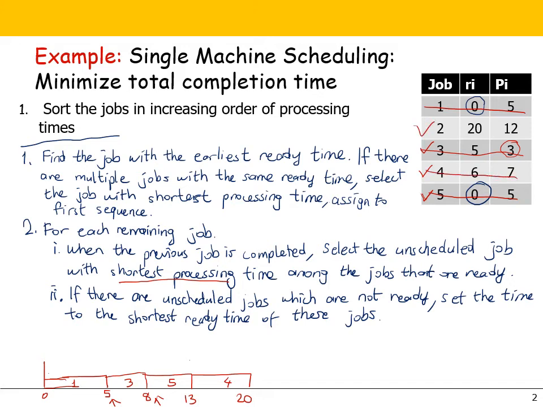We already scheduled job 4, so we schedule job 2 here, which ends at time 32, and this is in fact the same solution which we found in the previous case. Not exactly the same, because the positions of job 1 and job 5 were different, but if you change their positions you will get exactly the same objective function value, which means that these two solutions are alternative optima.